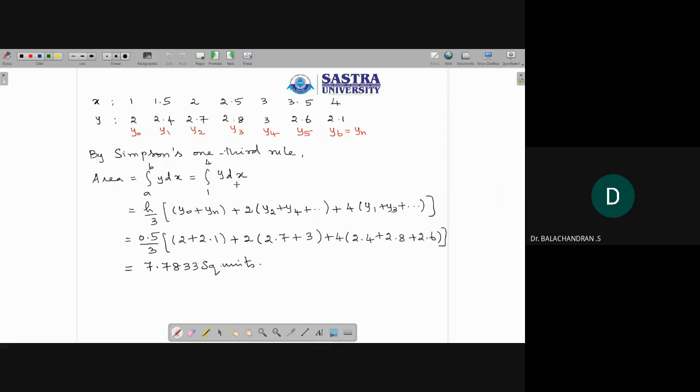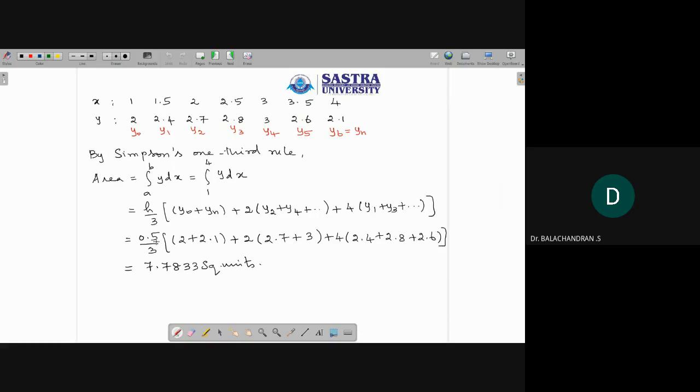So Simpson's 1/3 formula is h by 3 into y0 plus yn, plus 2 times the even suffixes y2, y4, y6, y8, plus 4 times the remaining ones, which are not even suffixes and not y0 and yn. That means y1, y3, y5, y7 and so on.